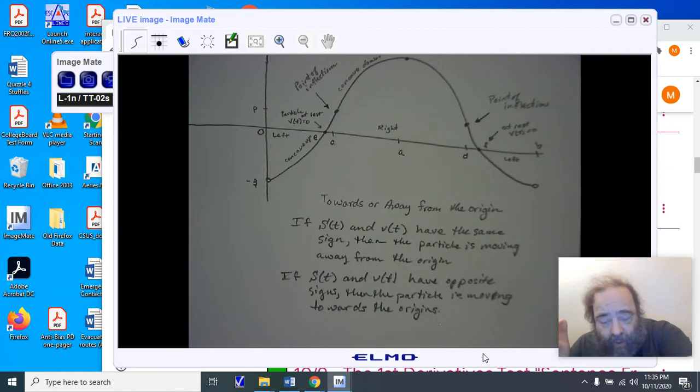Now we're talking about the distance between the origin and the particle, and that's going to be growing if position and velocity have the same sign. Just like speed decreases when the velocity and acceleration have opposite signs, the distance between the particle and the origin decreases when the position and the velocity have opposite signs.